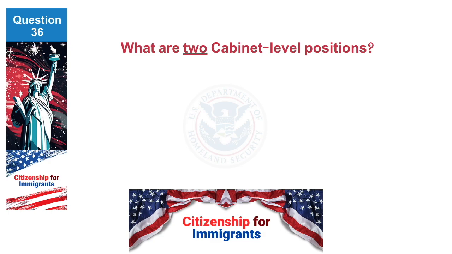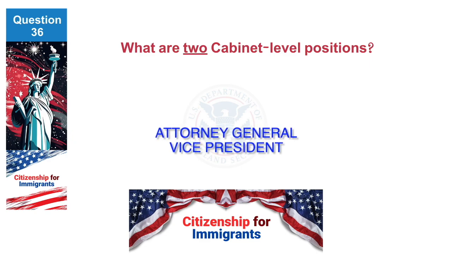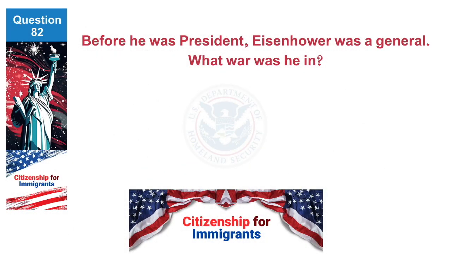What are two cabinet-level positions? Attorney General, Vice President. Before he was president, Eisenhower was a general.